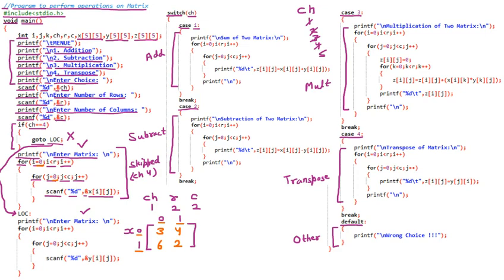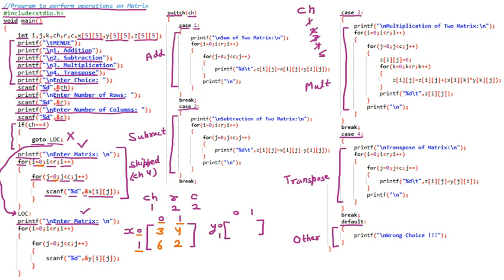Here again the same thing, printf \n for the new line, enter matrix. So on the user screen it is asking for one more matrix. I am assuming that there is one more matrix, let us suppose y. So this y is another matrix. Rows and columns we have already decided will be 2, 2. So 0, 1 index values for the columns, 0, 1 index values for the rows.